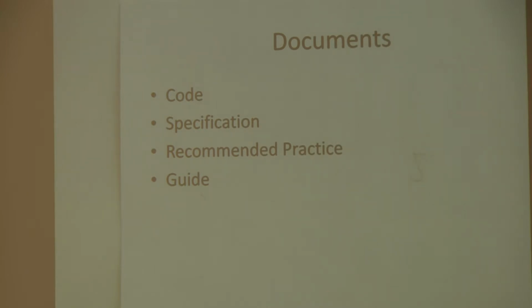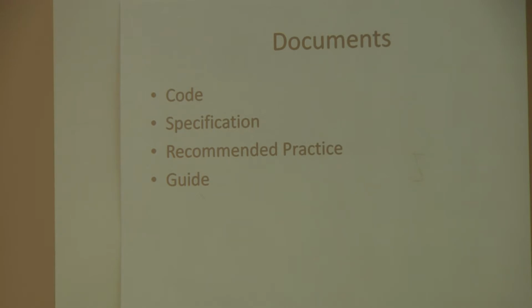And so one of the types of specifications that we deal with is a weld procedure specification. It tells you how you should make your weld. It tells you how to meet the code requirements, but it doesn't actually have all of the code written into that specification. And so it's one level down from the code.